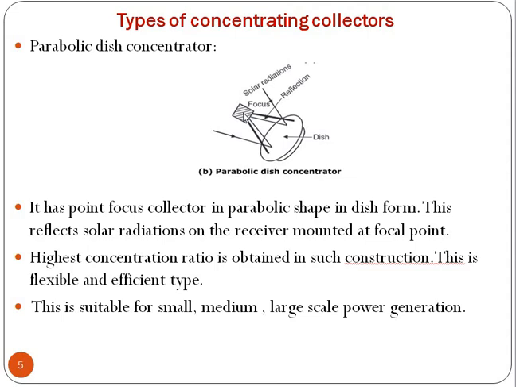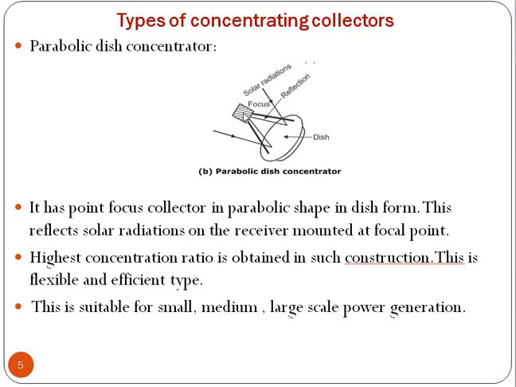Then we have the parabolic dish concentrator. Here also the absorber is at the focus point, and the focus point is shown in the diagram. It is a point focus collector in parabolic shape in dish form. This reflects solar radiations on the receiver mounted at the focal point. The highest concentration ratio is obtained in such construction.